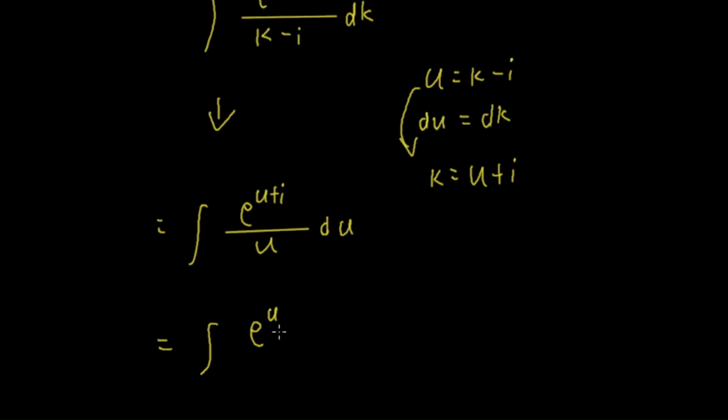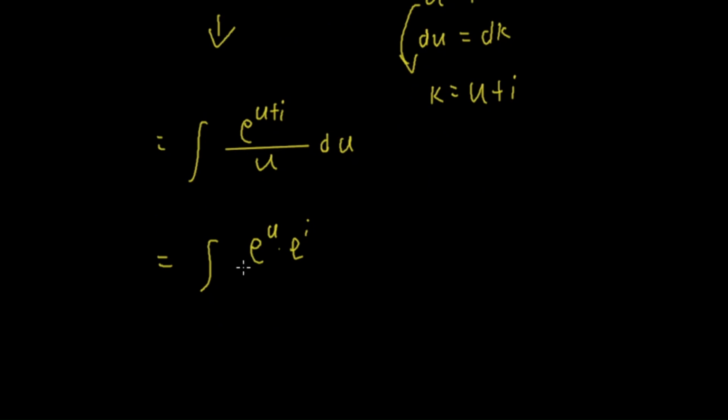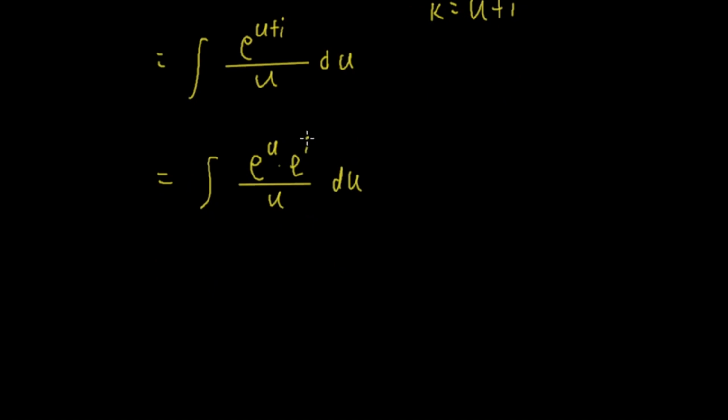Now we can use the property of exponential and rewrite this as integral of e to the u times e to the i over u du. Again, i is a number here, so e to the i is a number, and I can bring this out of the integral sign. So e to the i integral of e to the u over u du. What's the integral of e to the u over u du?